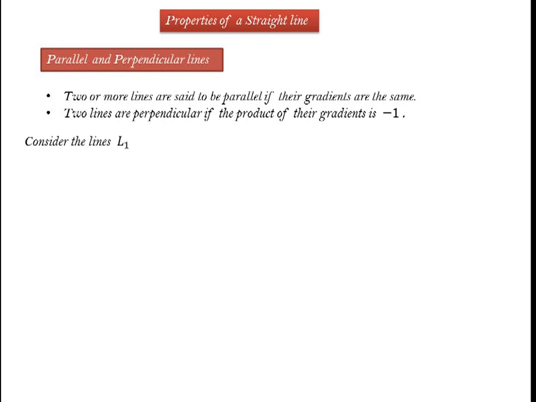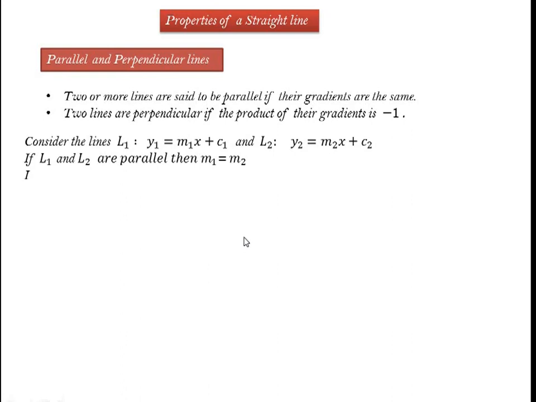Consider the lines L1 with equation y1 equals m1x plus c1 and L2 with equation y2 equals m2x plus c2. Now, if L1 and L2 are parallel, it means the gradient m1 is equal to m2.